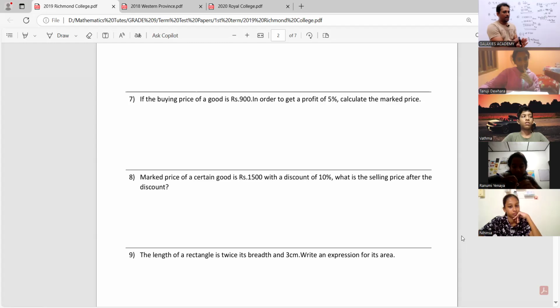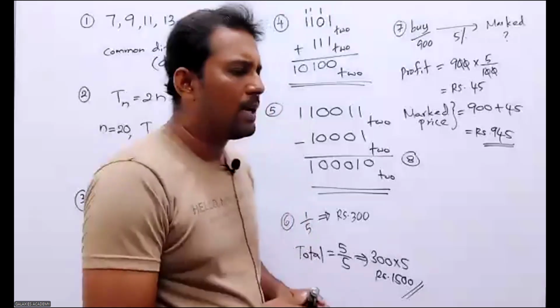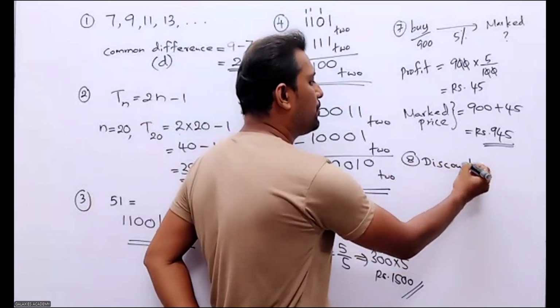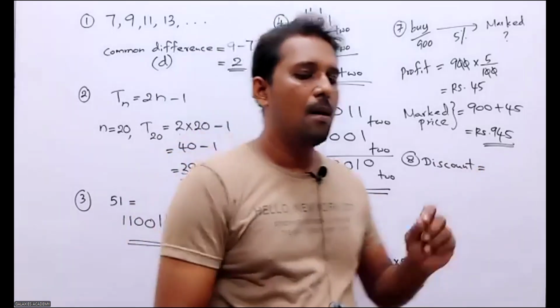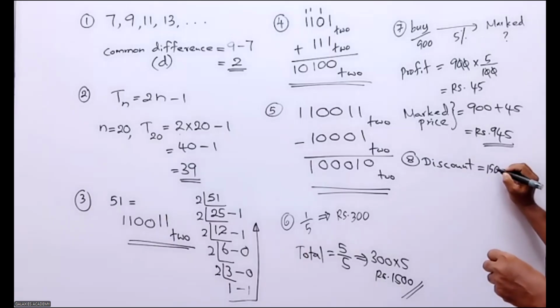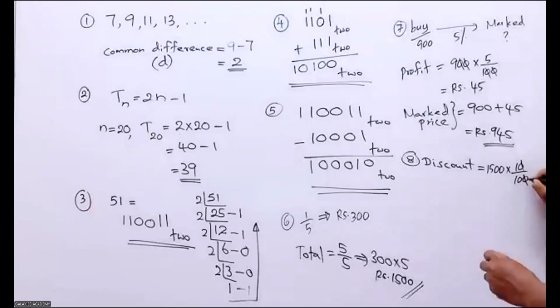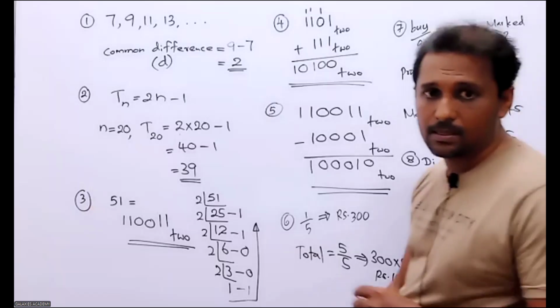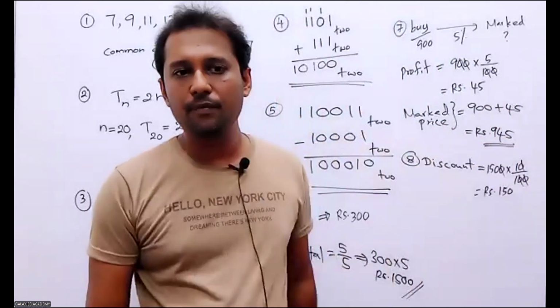The mark price is 1500. The discount percentage is 10%. Now I can find the discount amount. How can you find it? The mark price is 1500. Then I will find the 10% value of it. You can simplify the zeros. Then what is the answer? 150 rupees. The discount is 150 rupees.